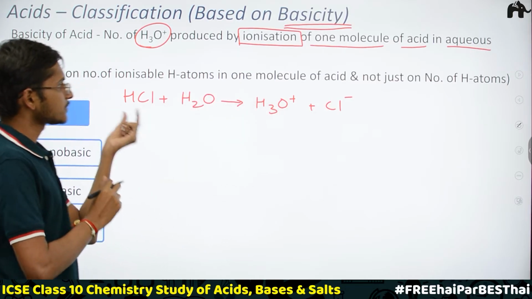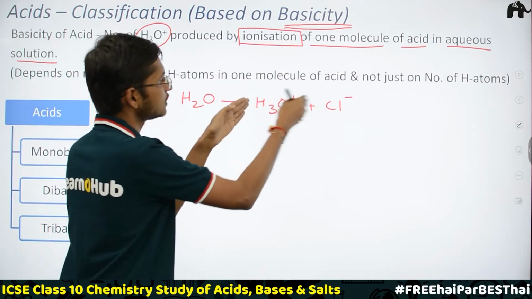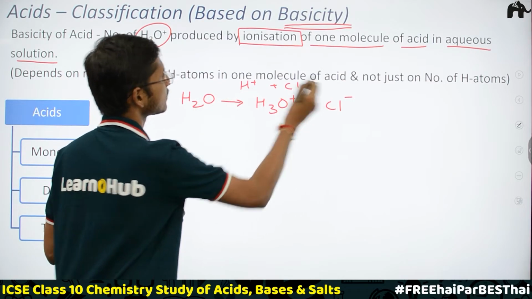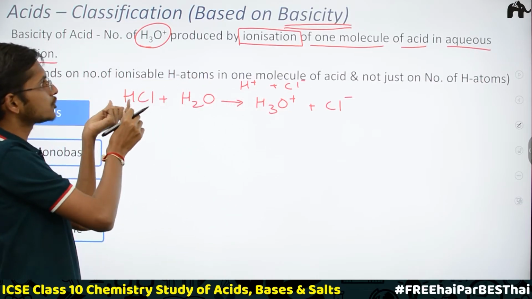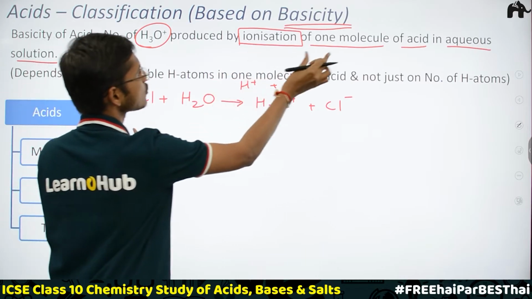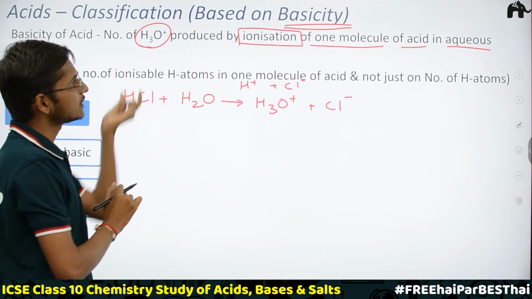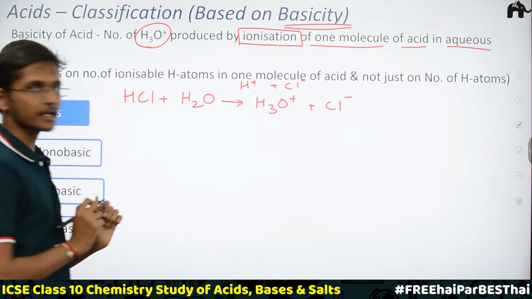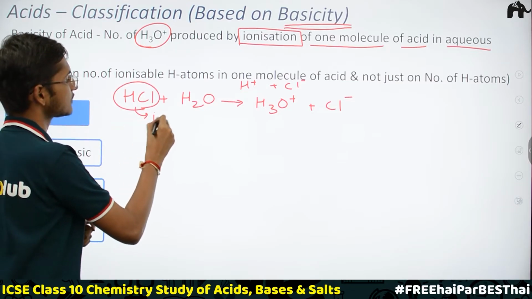We all know the neutral molecule is splitting into the charged ions, H plus and Cl minus. So the number of hydronium ions produced by the ionization of one molecule of acid in aqueous solution. So how many hydronium ions? One hydronium ion, right? So the basicity of HCl is 1.